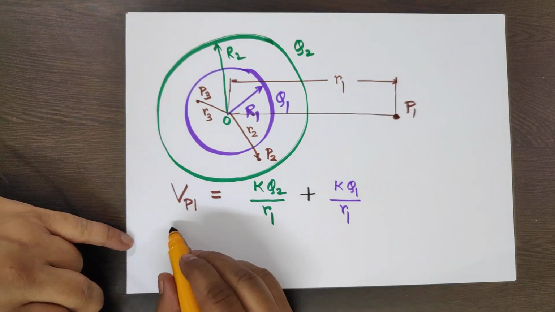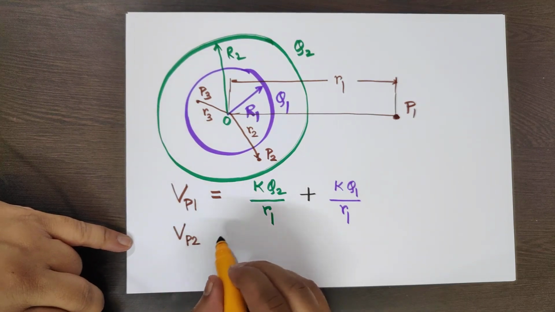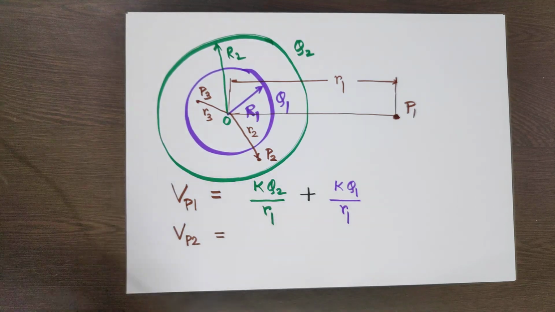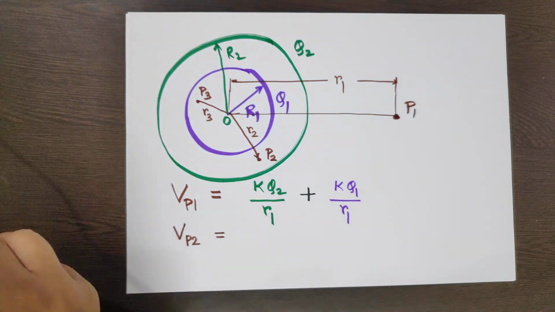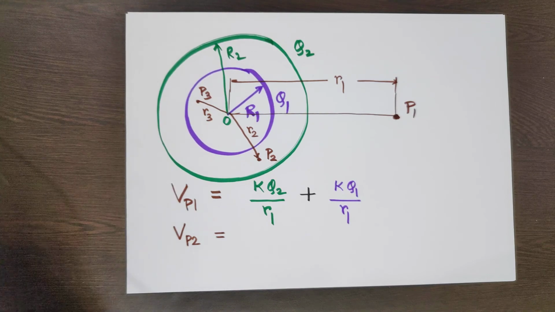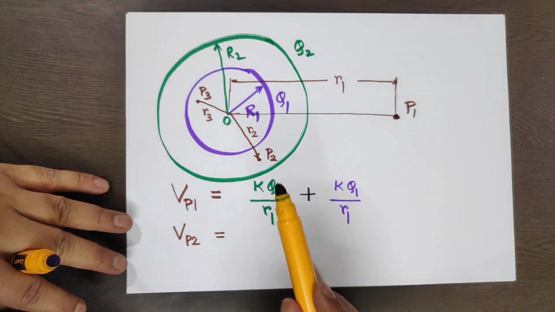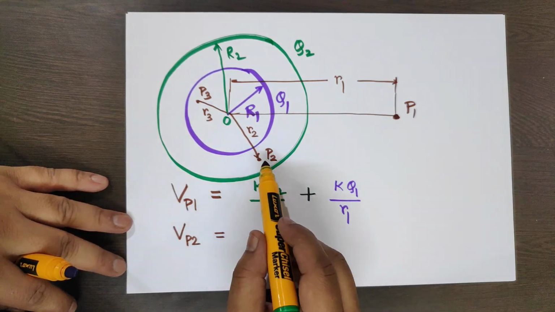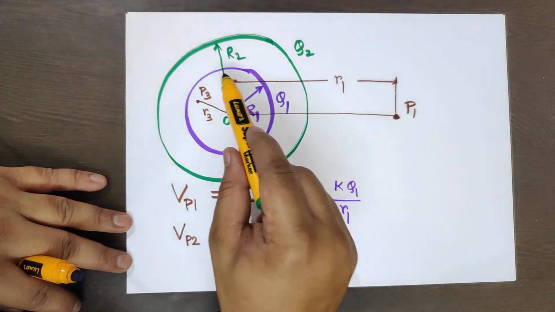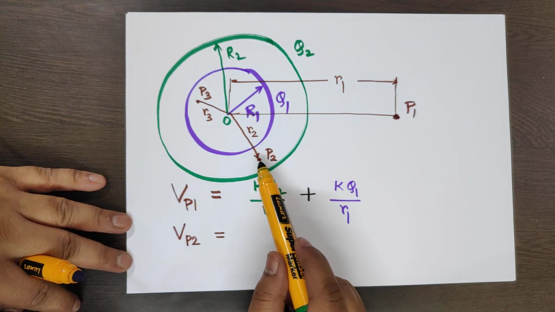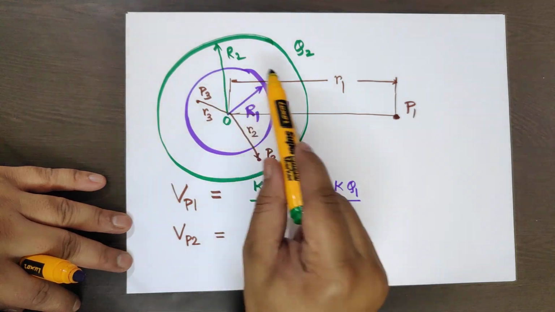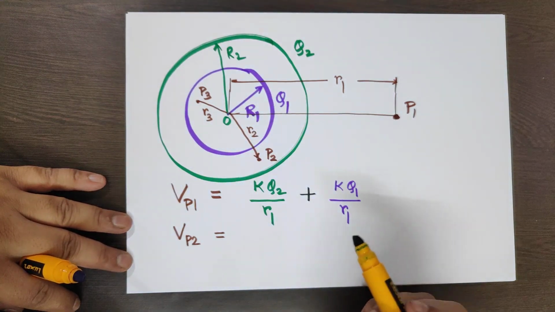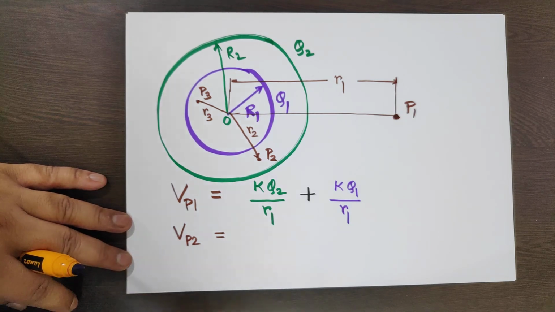Now let's take the potential at point P2. Due to the green first, okay. So due to the green shell, forget about this violet shell, this point P2 is inside the green shell. So for an inside point, the potential is constant, that at the surface.